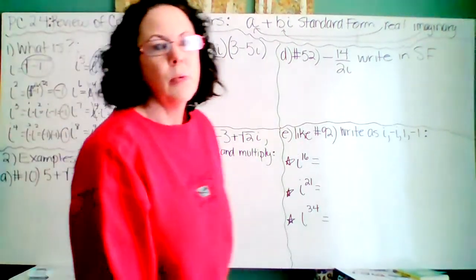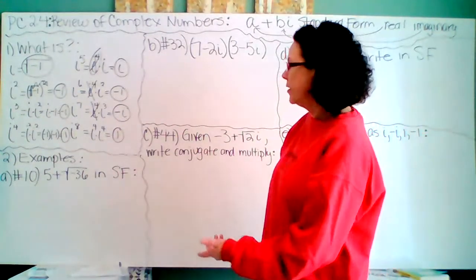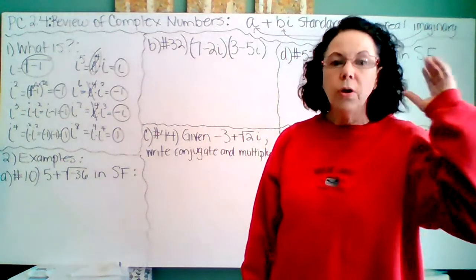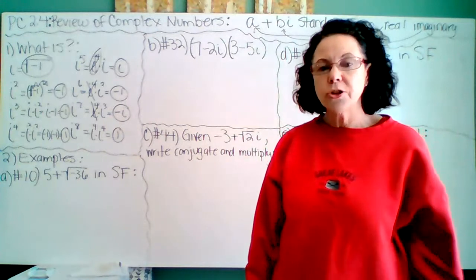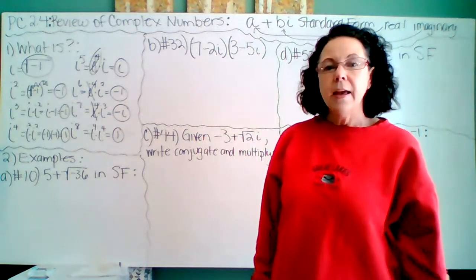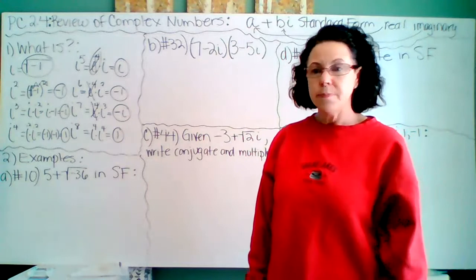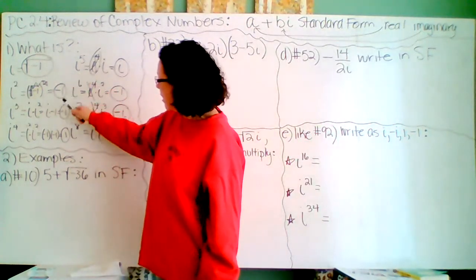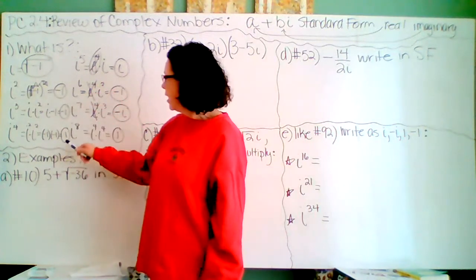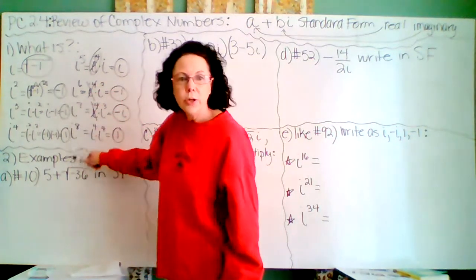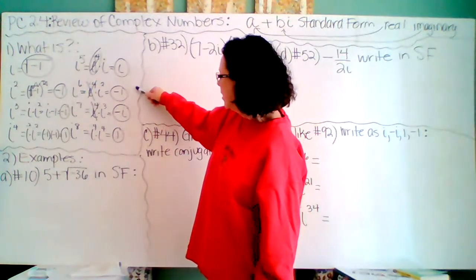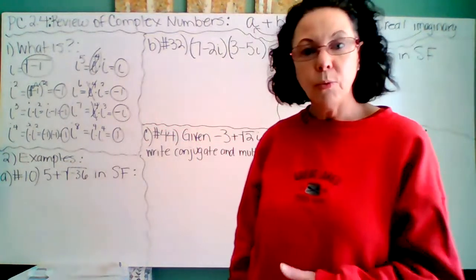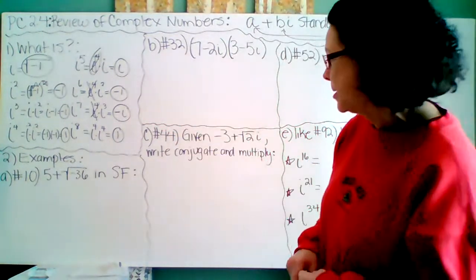So if you notice then, what happens is if you have an exponent on your i, the actual simplified value of that imaginary expression keeps repeating every 4 exponents, right? i to the 1st is i, i squared is negative 1, i cubed is negative i, i to the fourth is 1. Notice now when you go to i to the fifth, it repeats again because of the i to the fourth that are 1 and are in those exponents.